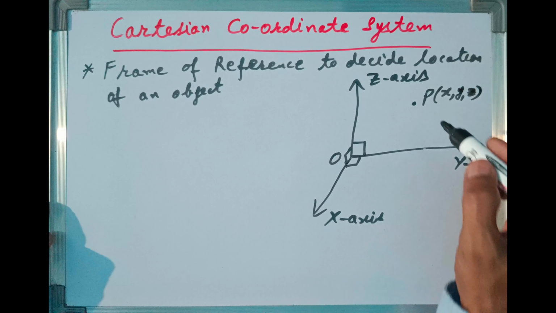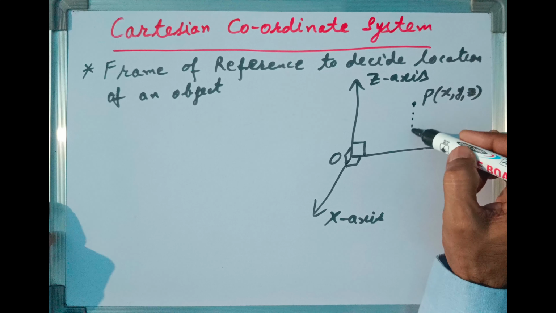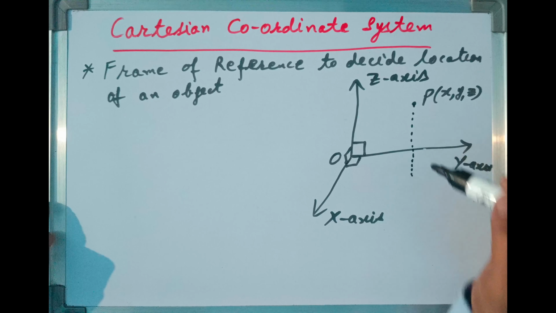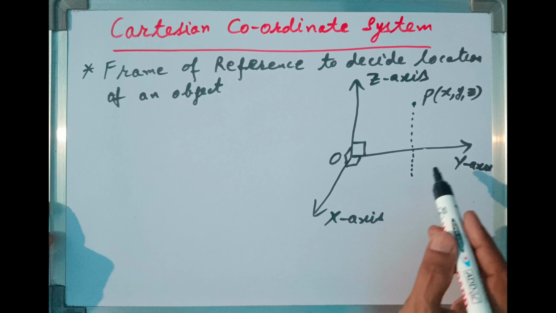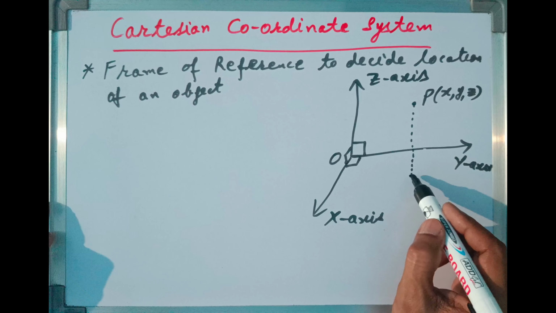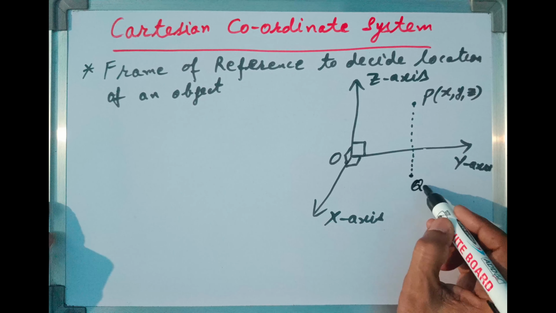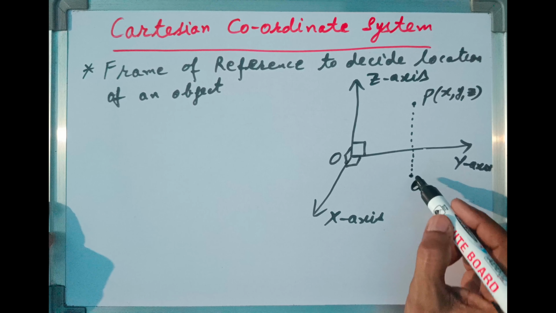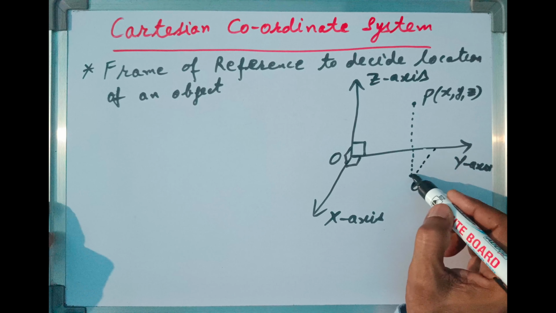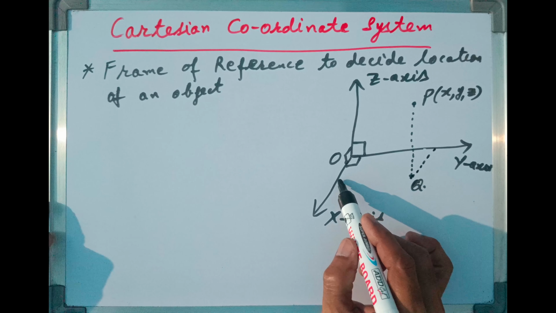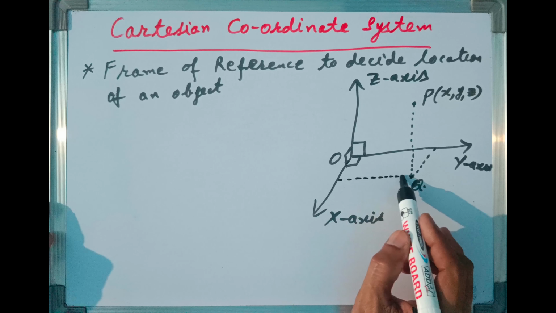I will draw a perpendicular from point P onto the xy plane, the plane containing the x-axis and y-axis. Suppose the foot of the perpendicular is Q. Now from this foot of the perpendicular, I will draw a perpendicular on the y-axis as well as on the x-axis.